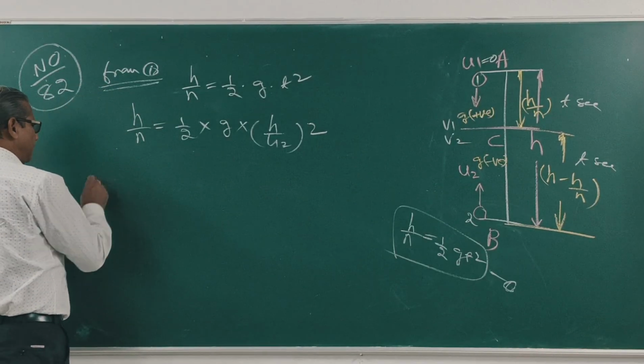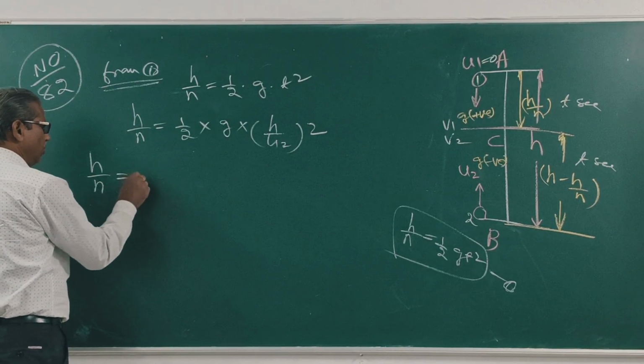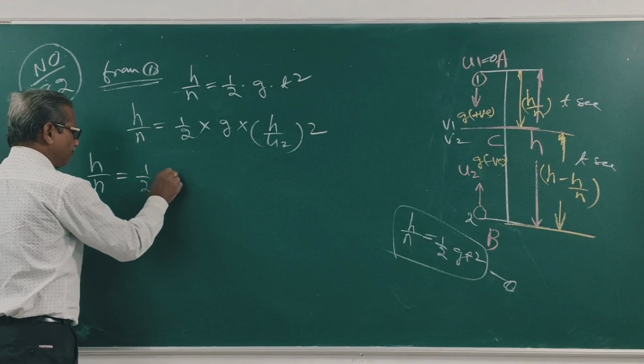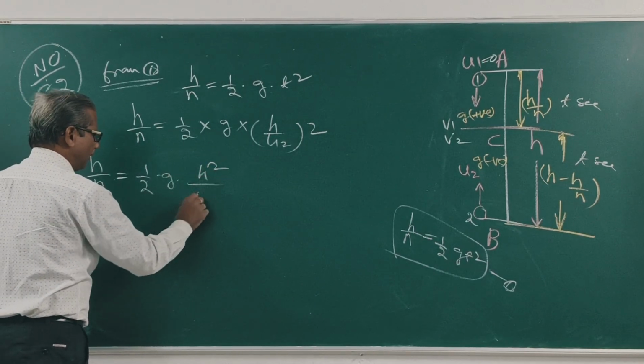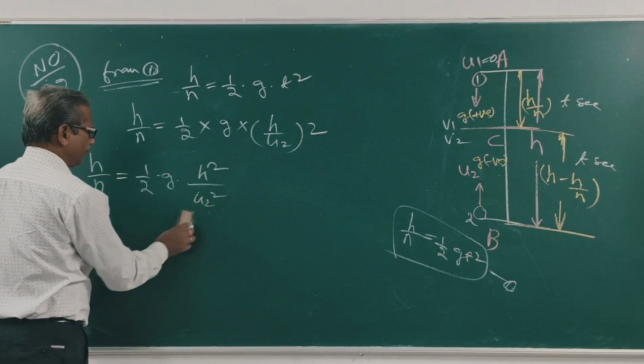So h1 is equal to half g into h square by u2 square.